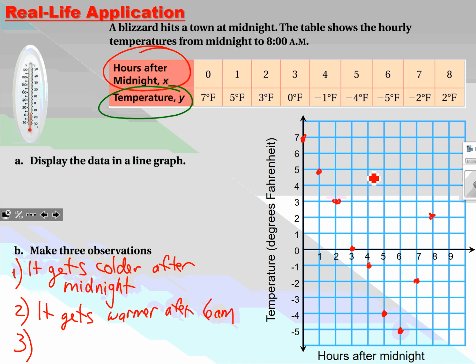Oh, I can say it gets freezing. Remember, actually it's all freezing here because it's below 32 degrees. Oh, I can say the coldest it gets is negative 5 degrees Fahrenheit.